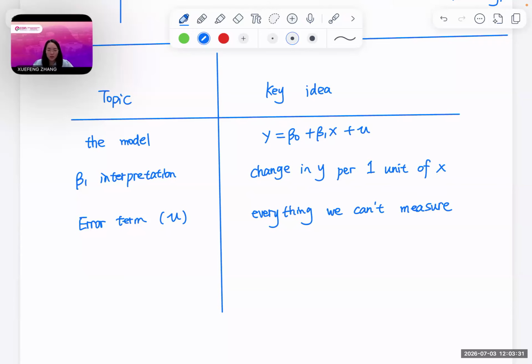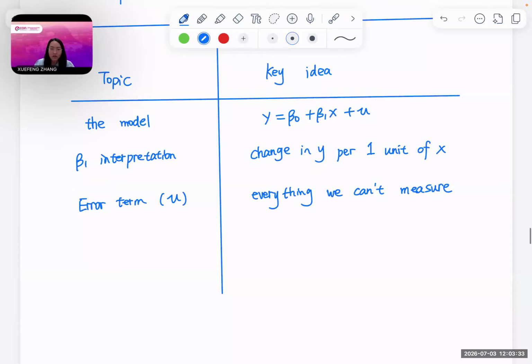And also, if we want to talk about causality, the causation condition, we need the condition which is the expectation of mu given x equals 0.